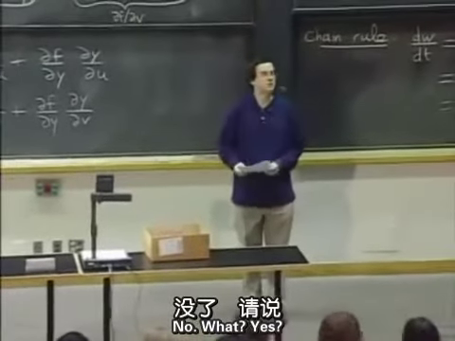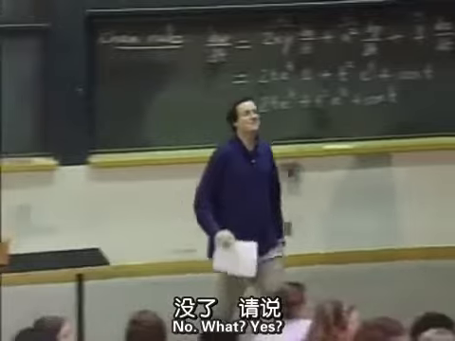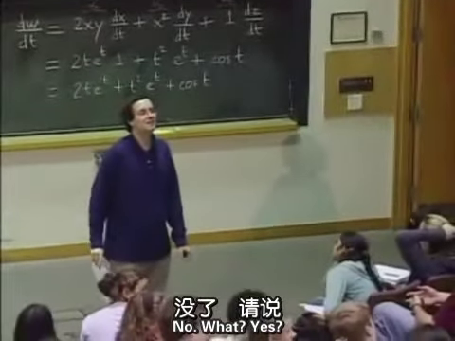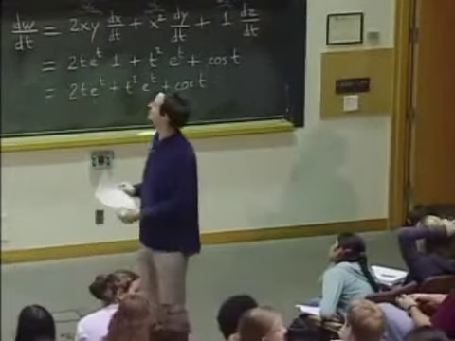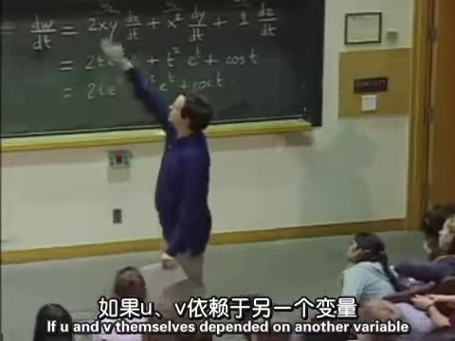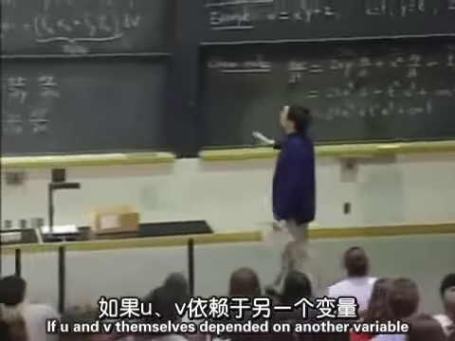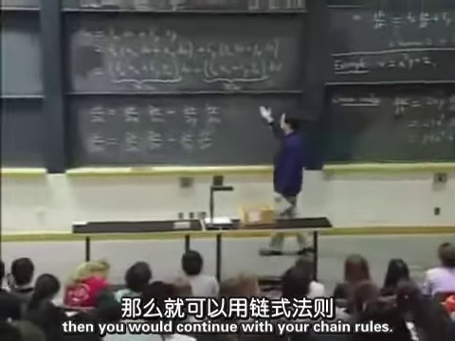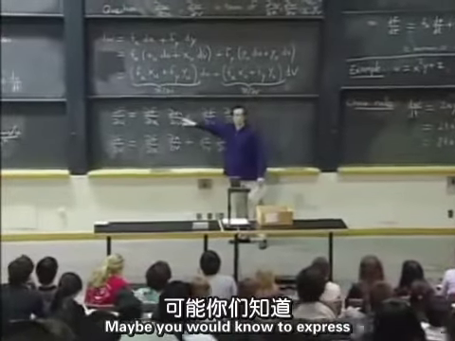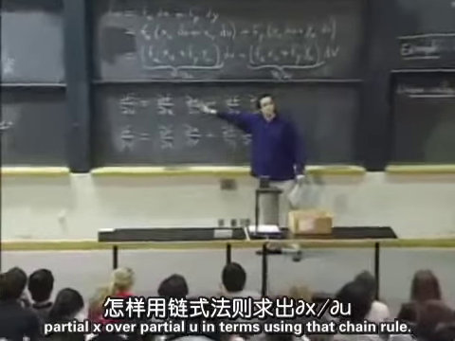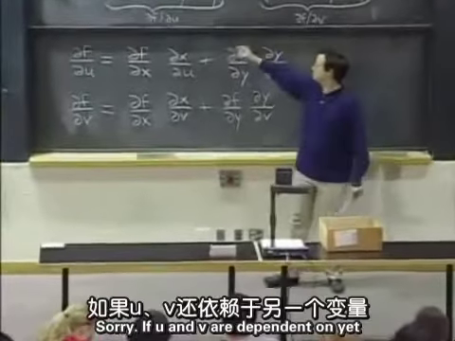Yes? If u and v were both depending on another variable, what would that look like? So if u and v themselves depend on another variable, then you would continue with your chain rules. Maybe you would know how to express partial x, partial u using that chain rule.